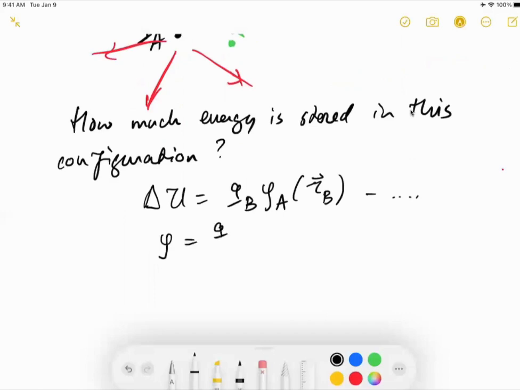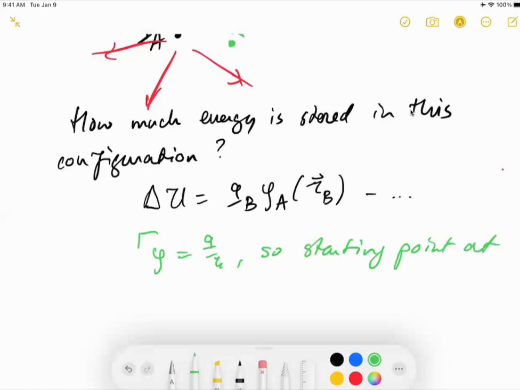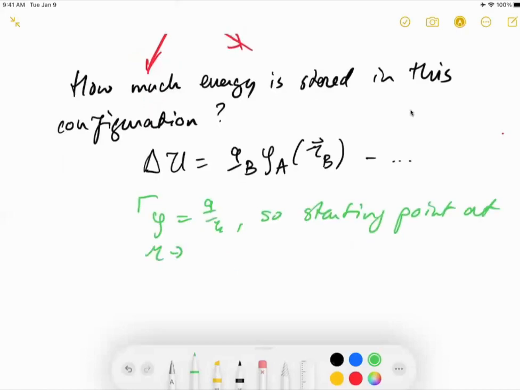Because phi is Q over R. That's what we need to remember. So starting point at R infinity, phi is equal to 0, which is why we choose that starting point.